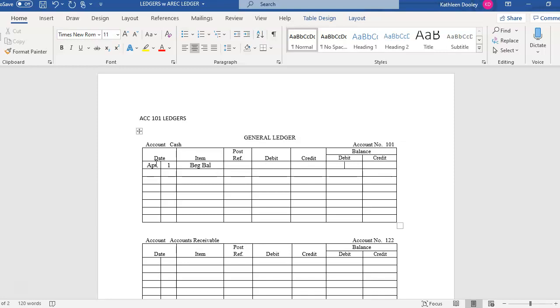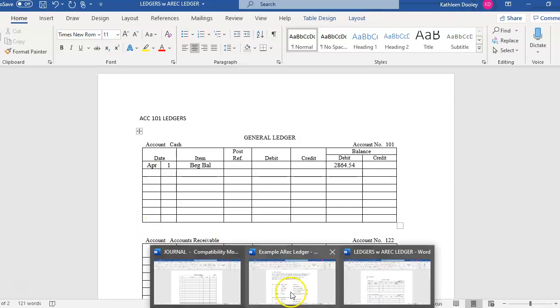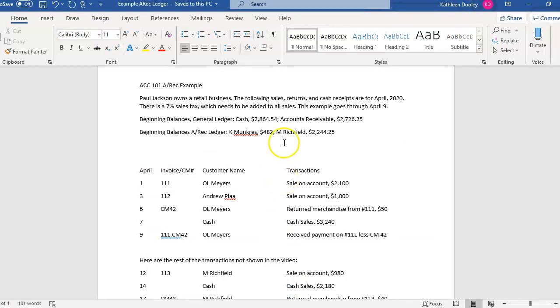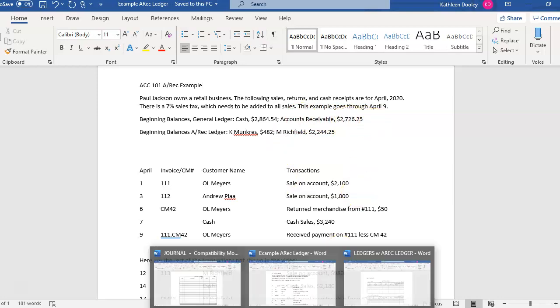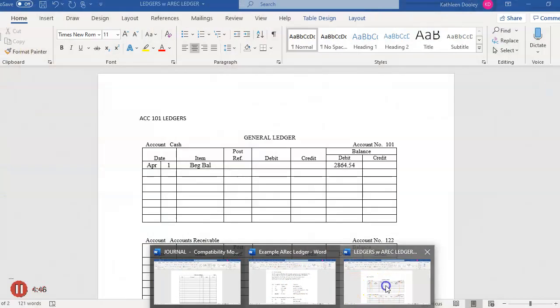Okay, we go all the way over to the balance column. Of course, this is cash. It's an asset, so it has a debit balance, so we'll only be using the debit balance column. Okay, and that was $2864.54 was our beginning balance. And here we have accounts receivable is $2726.25 beginning balance.